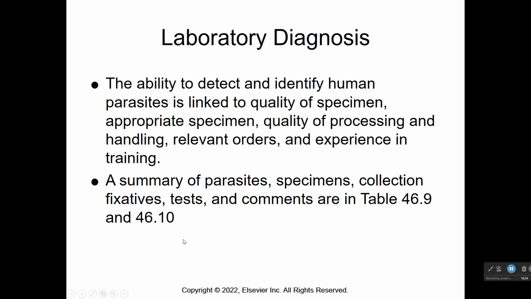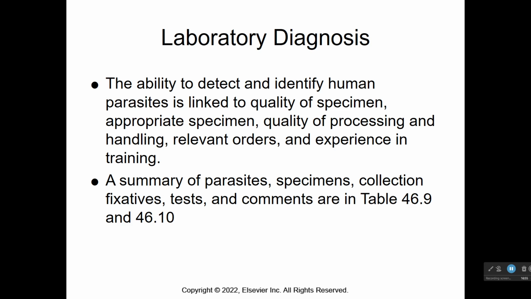With any study we make in the lab, any diagnosis, any testing we do, we've talked for one whole semester and part of this semester about how our specimen quality is very important. We have to have a good specimen. We have to have the right, appropriate specimen.